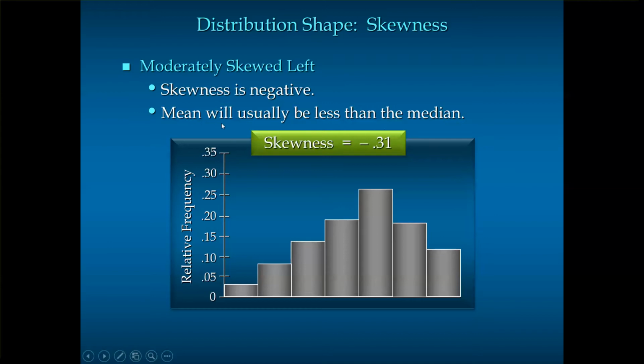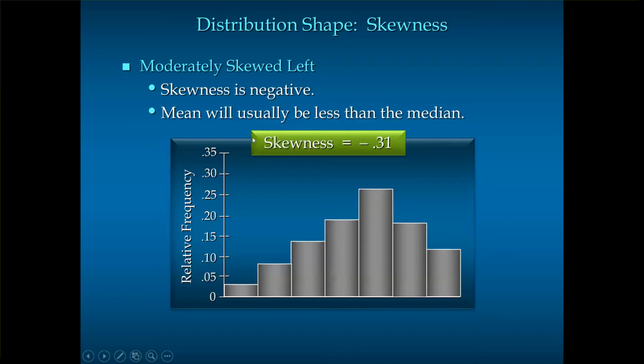Another characteristic of the statistics for this distribution is that the mean will usually be less than the median. First, the mean is located here on the tail part. And how about the median? In order to identify the median, you need to look at the horizontal axis and find the middle point. It should be here, very close to the peak.